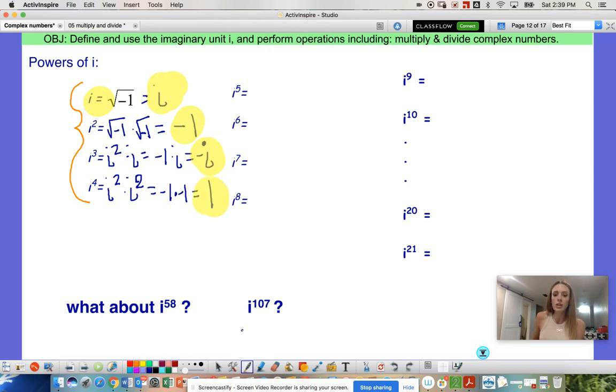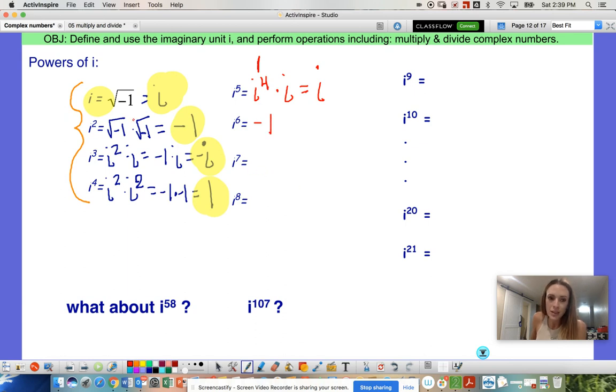That's what you're going to want to memorize because we're going to see that pattern repeat over and over again. For our next column, I to the 5th: I to the 4th is just 1, and then I have an I, so I repeat and get I there. I to the 6th, I can say that's I to the 5th times another I, and so what we get here is negative 1.